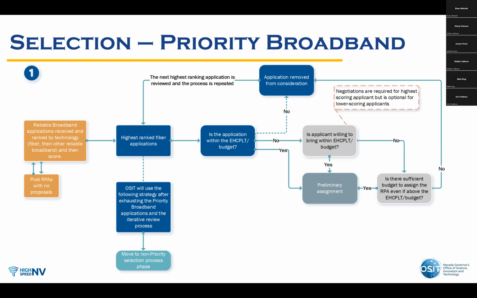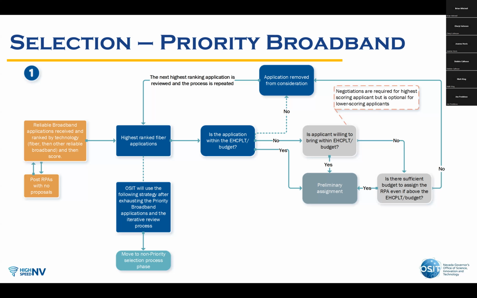So ranking of the applications after they're scored, first by technology and then by score. For the regional project areas that get no proposals, as you can read about in the IPv2, those will be posted on the chance that there may be other entities that wish to submit proposals. But the applications that are received will be scored and ranked first by technology and then by score.